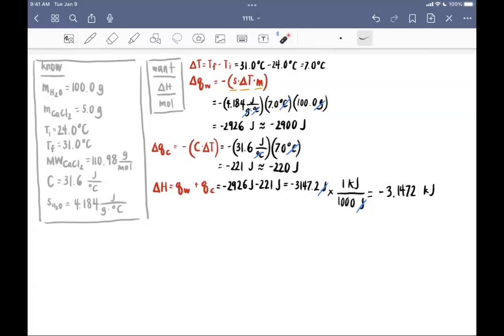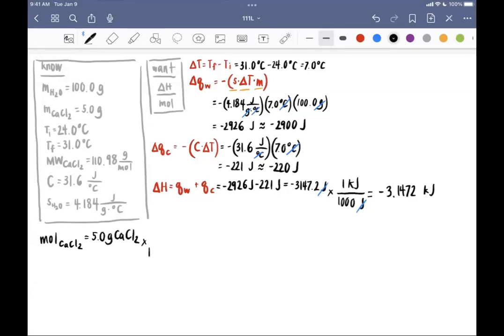So how are we going to incorporate our moles here? So our moles of calcium chloride are going to come from looking at the mass of calcium chloride and the molecular weight of calcium chloride, where we have 5.0 grams of CaCl2.